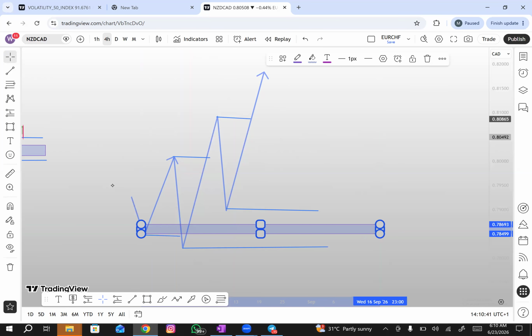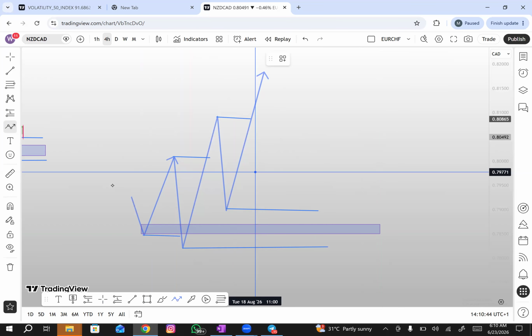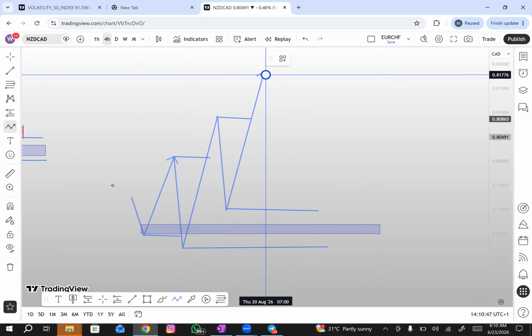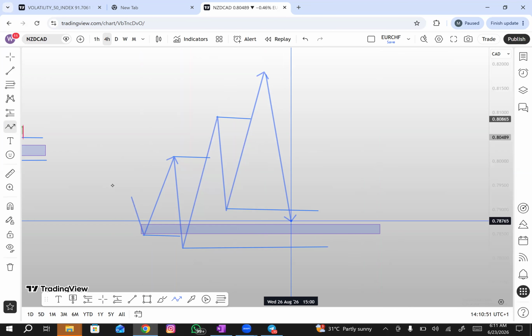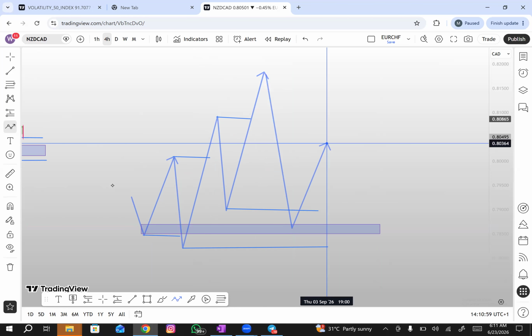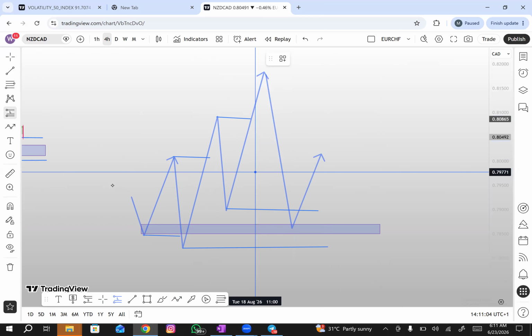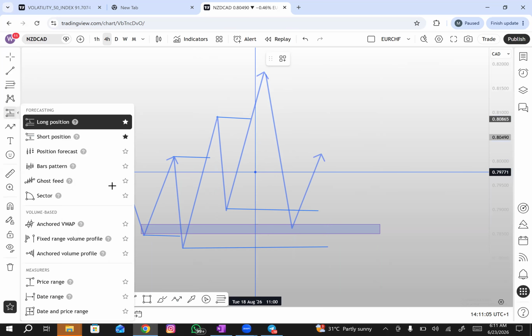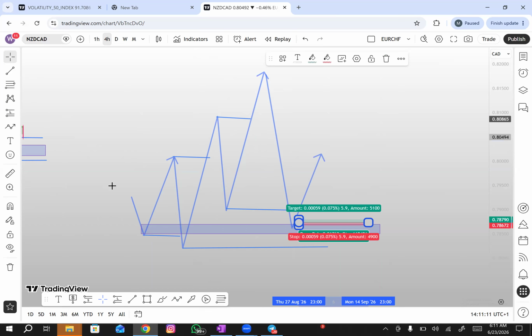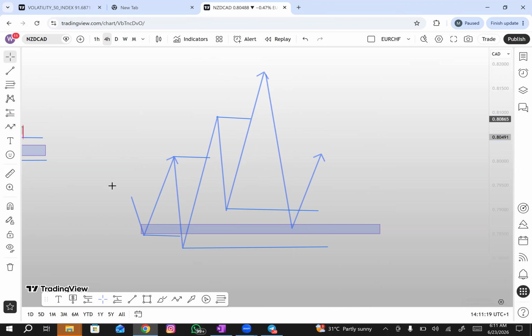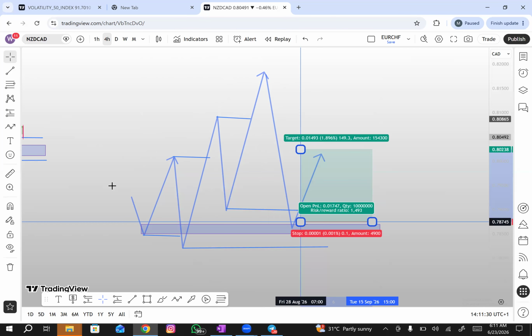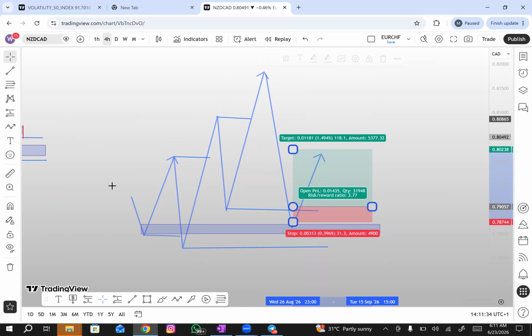And then we're waiting for price to come all the way, sweep this structural liquidity, tap into our point of interest, and then buy from there. So we use a long position like this.